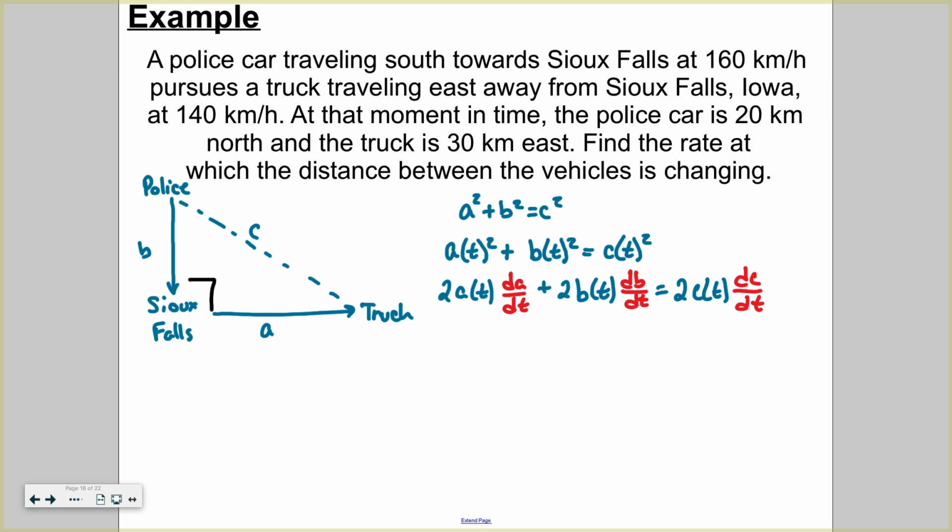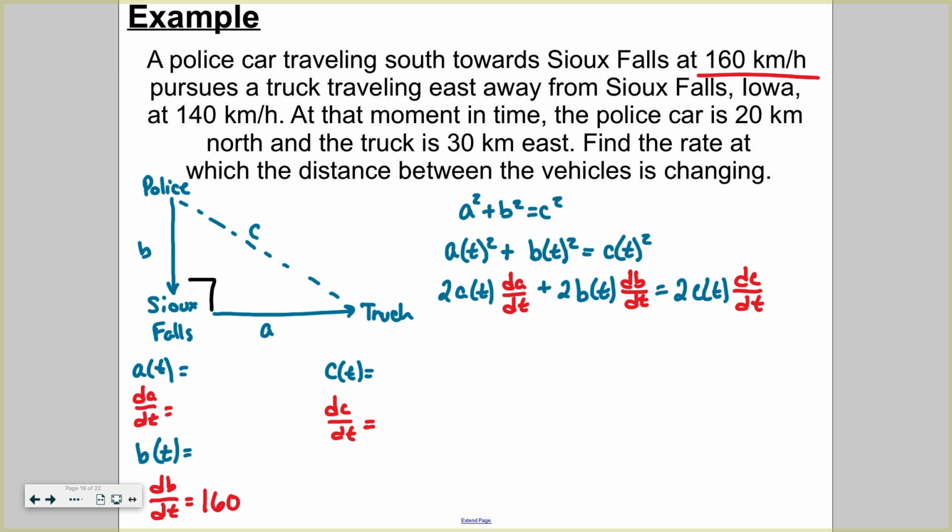All right, so now we have these 6 variables. So we have a of t, dA/dt, and then we have b of t and dB/dt. We also have c of t and then dc/dt. All right, let's see. What do we know? Well, we know that b represents the police car, and we know the police car is going 160 kilometers per hour, so dB/dt is going to be 160.